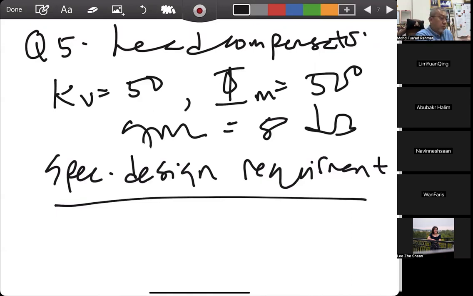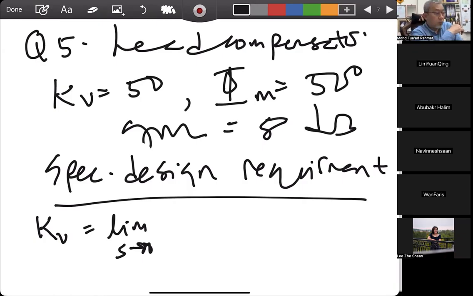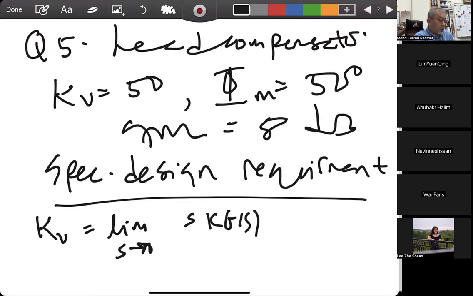So we use the Kv equation, final value theorem, which is s K G(s) equal to 50.